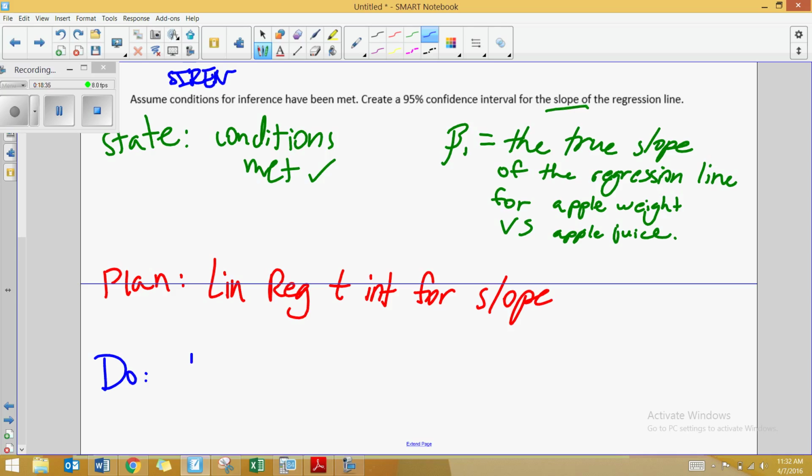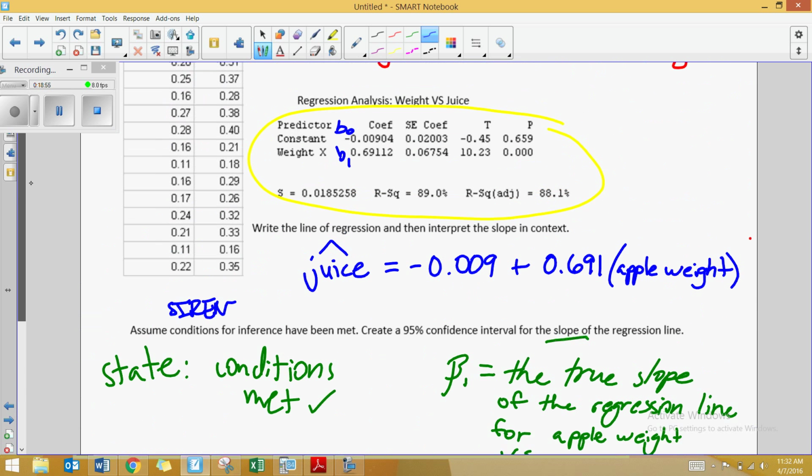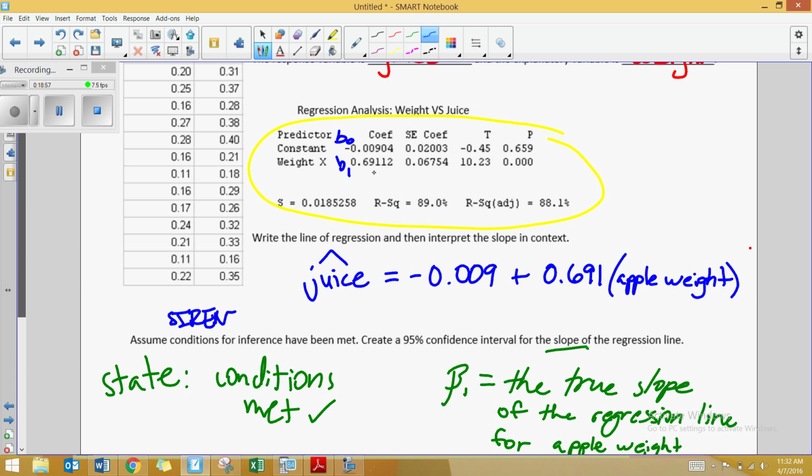Okay, this is going to be B1, our sample slope, plus or minus t star times our standard error. All right, well, looking at my original computer output, I can see that B1 is 0.691.